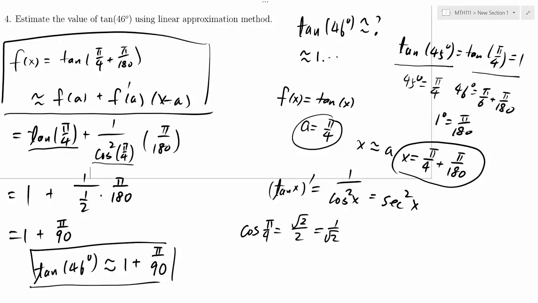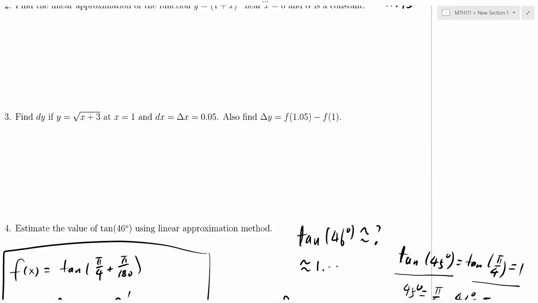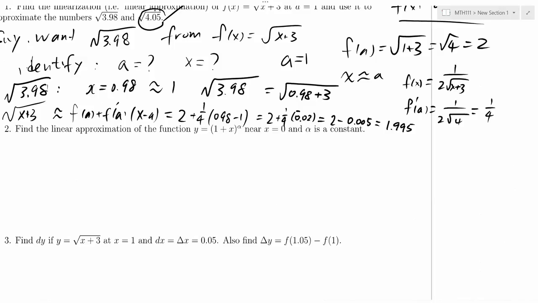Let's look at another, more abstract example, but it's easier to do since we don't have a special value. We just need to find a formula. So we want to approximate y, where f of x is 1 plus x to the power alpha.